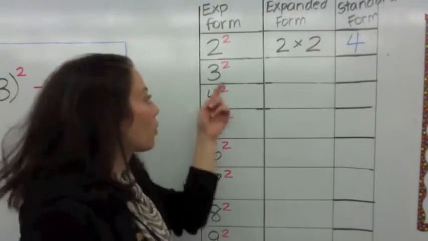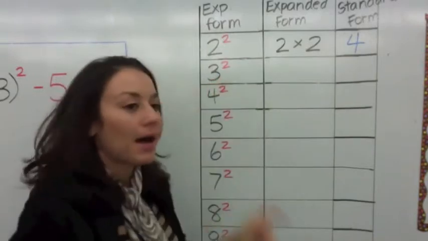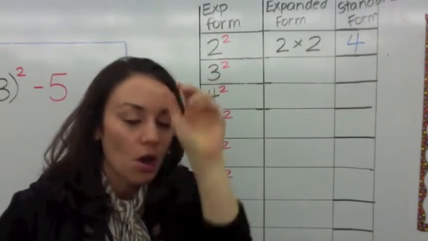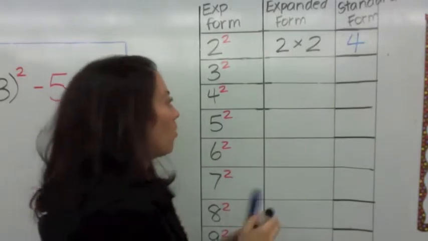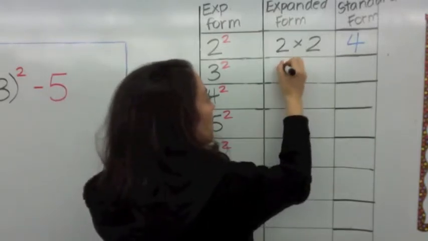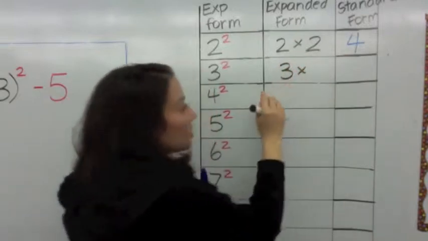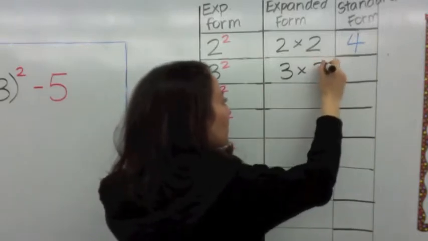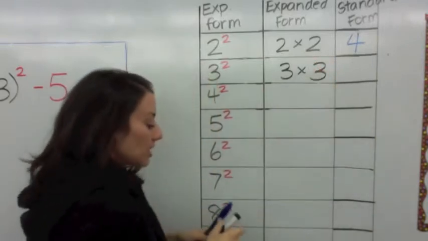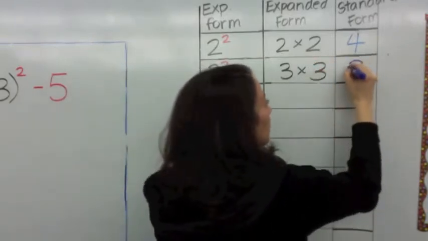It means 3 multiplied by itself 2 times. So that means 3 times 3. What is 3 times 3? 3 times 3 is 9.